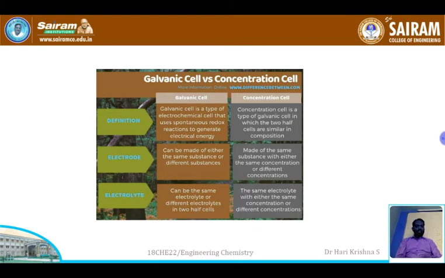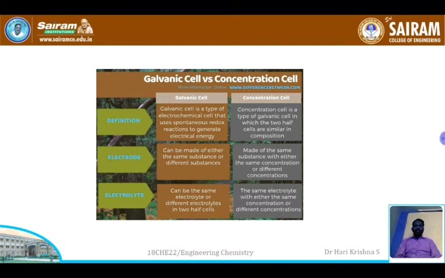So concentration cell is also a type of galvanic cell with two half cells of similar composition but of different concentrations. Electrodes used in galvanic cells will be made up of different substances, different electrodes. And the driving force in galvanic cell is difference in electrode potential.